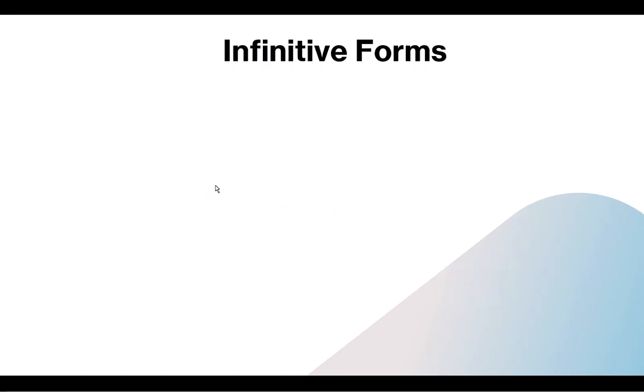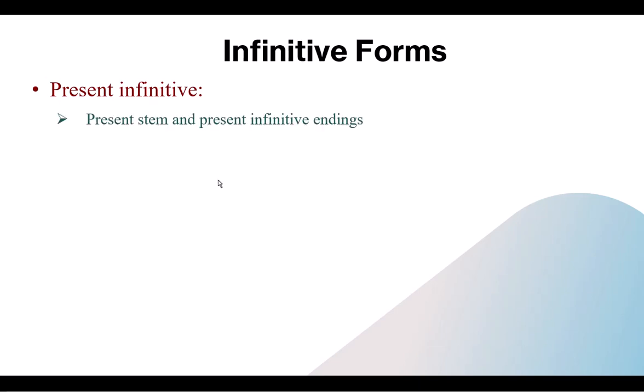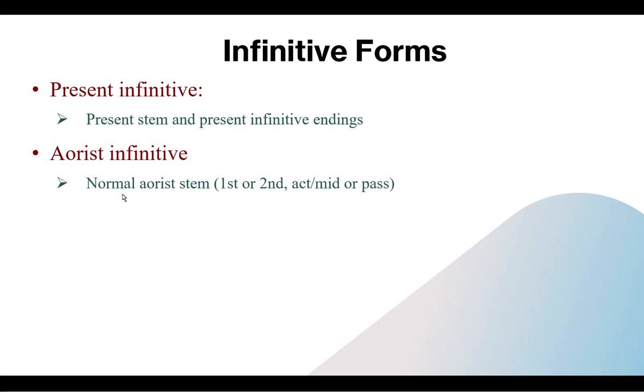So the forms of the infinitive: we begin with a present infinitive. It has a present stem and present infinitive endings. We'll look at the endings in just a minute. The aorist infinitive has whatever the normal aorist stem is. Whatever the stem would be for a particular type of aorist, let's say in the indicative, we'll also see that for the infinitive.